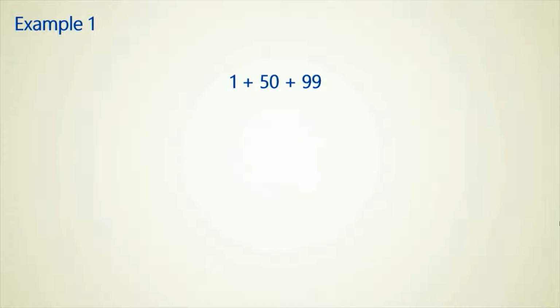So we're going to use commutative properties to do that. In this case, we would change the order of 50 and 99. The expression becomes 1 plus 99 plus 50. So this will give us 100 plus 50, which is 150.